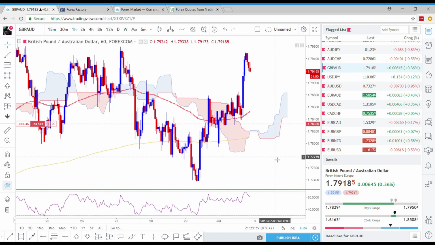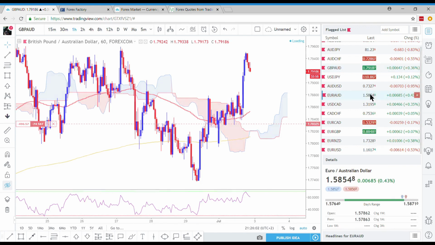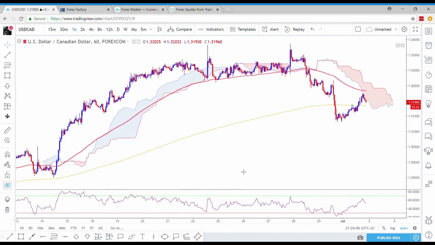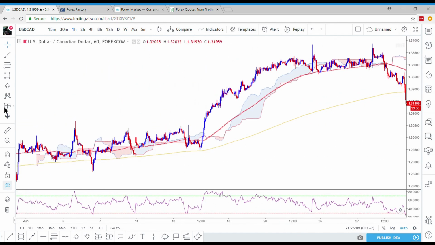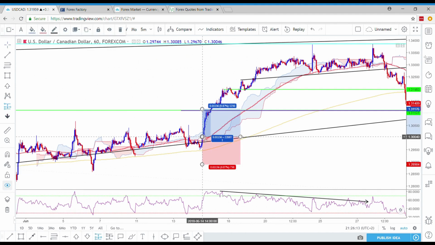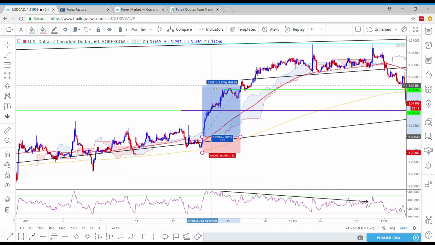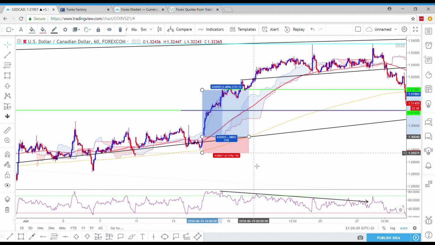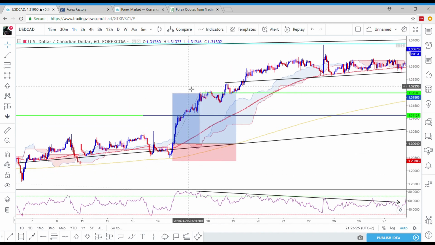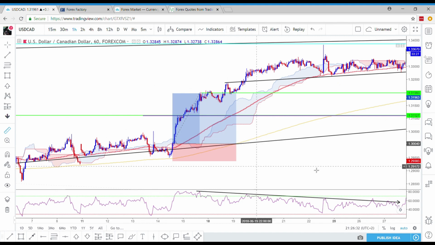So let's look at, for instance, in a trade, let's say you've made a wonderful trade and just bought the US dollar against the Canadian dollar up until here. So you bought here, sold here. How many pips have you made? Well, let's see. With that tool, it tells you. So first of all, you can look at the price.